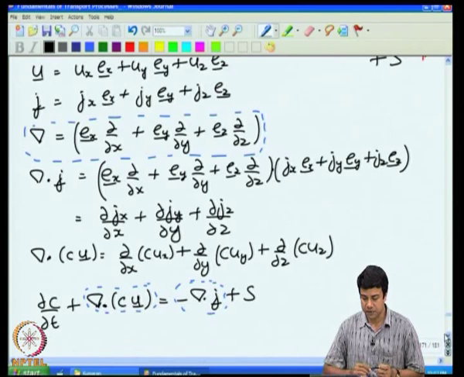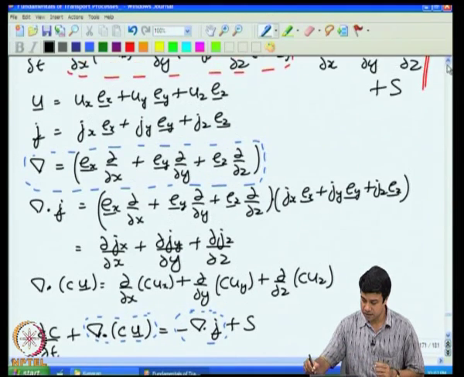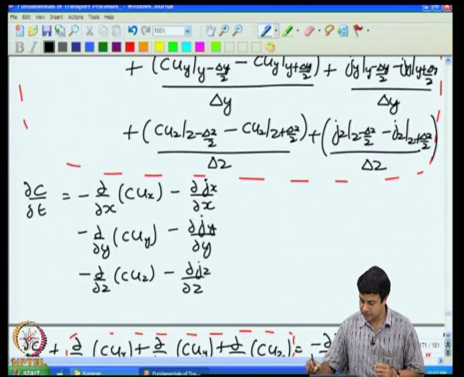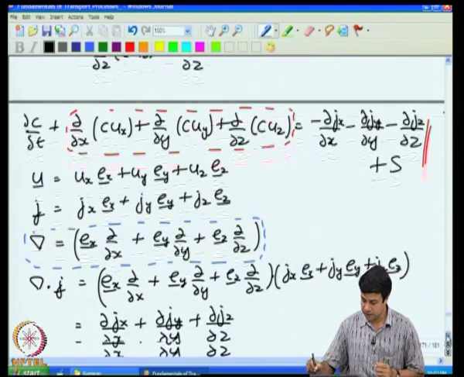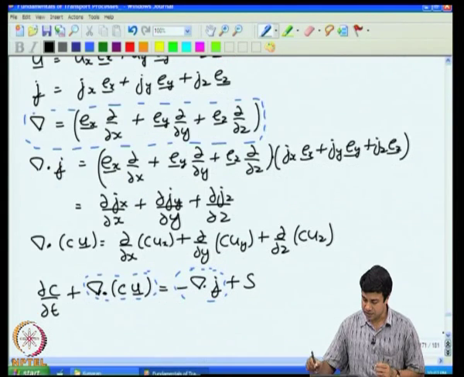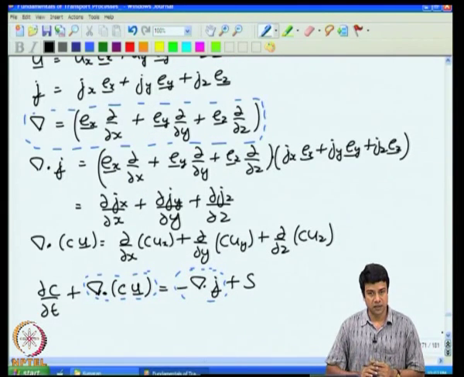So, you take the dot product of this gradient operator and the flux, del dot J, and you end up with partial of Jx with respect to x plus partial of Jy with respect to y plus partial of Jz with respect to z, which was exactly the negative of the term that we had on the right hand side. Therefore, the term on the right hand side was minus the divergence. Del dot is called the divergence.